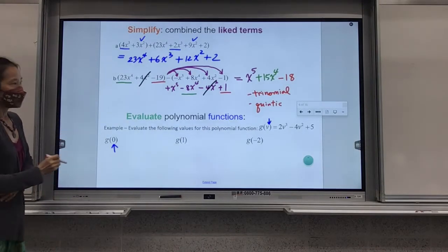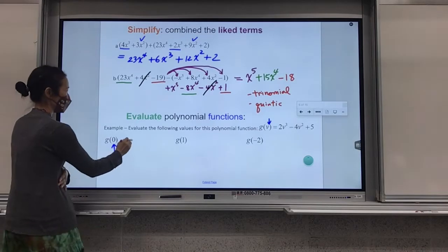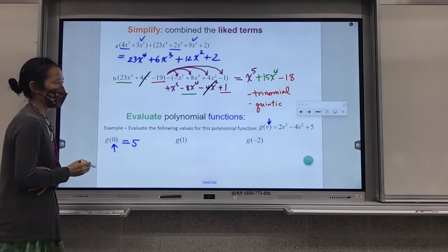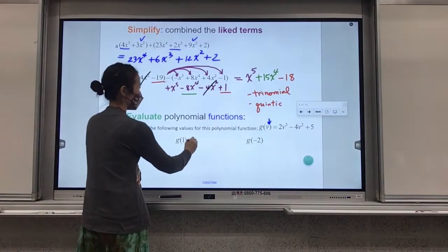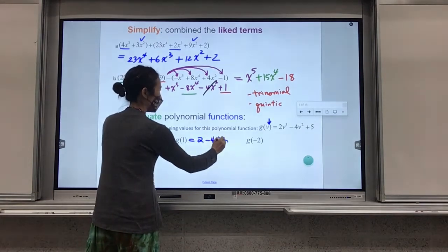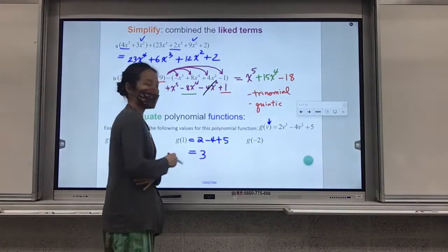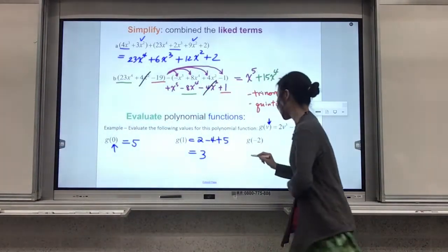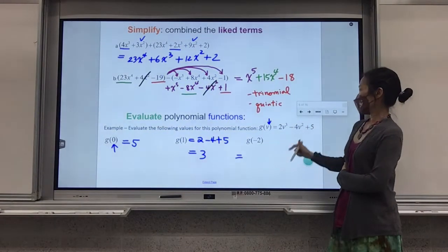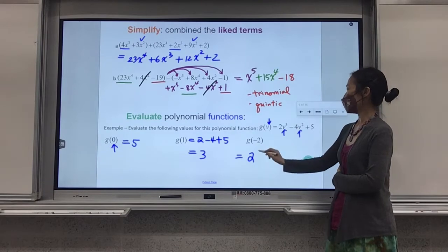G of 0 is 5, right? 0 plus 5. G of 1, 2 minus 4 plus 5. Wow, this is just too easy. Are you bored? I am. G of negative 2. All the V need to be replaced by negative 2.